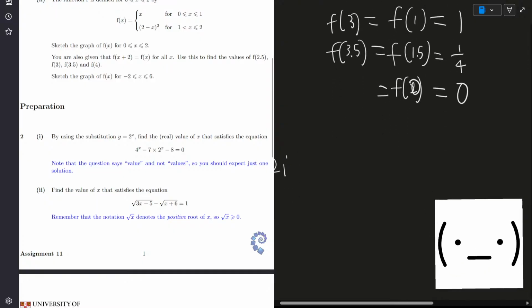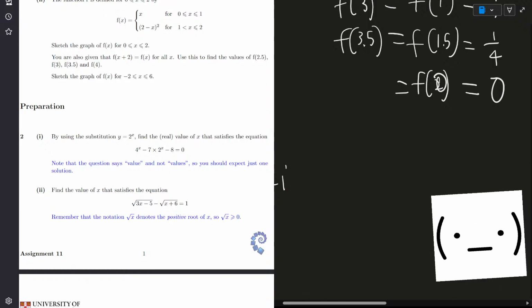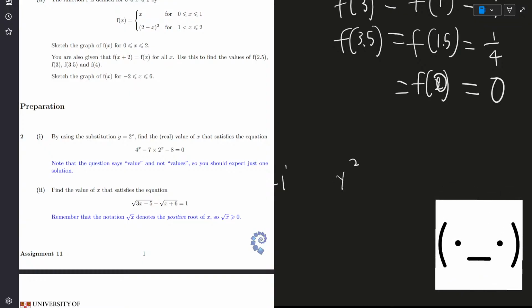Using the substitution, y equals that. Find a real value that satisfies this.